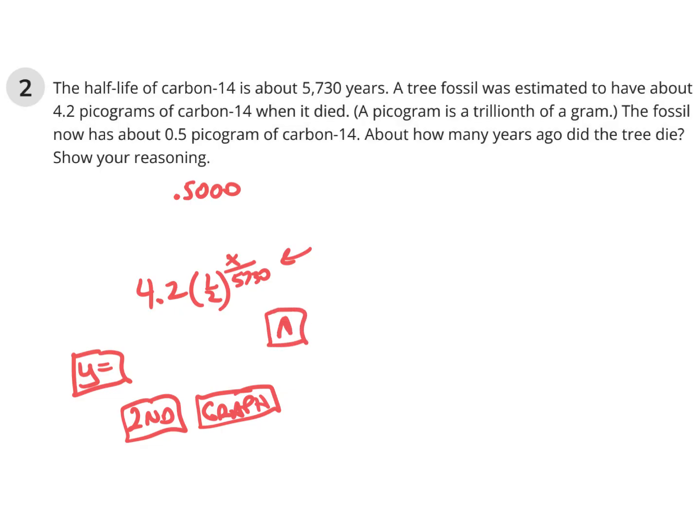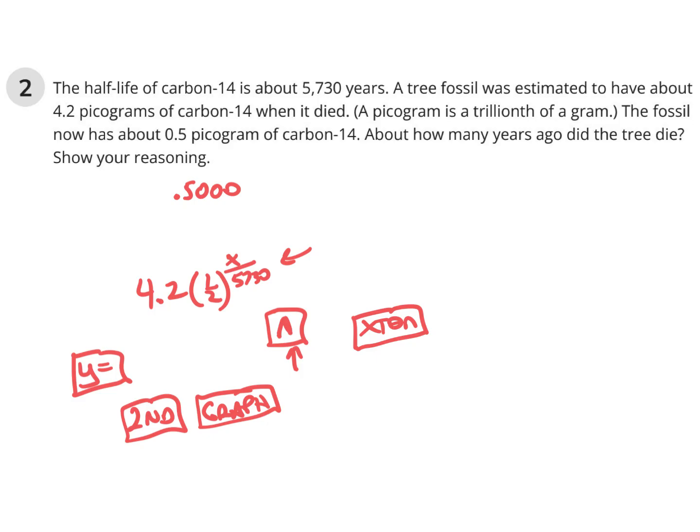So you're going to do 4.2, parenthesis, 1 divided by 2, close the parenthesis, hit the caret button, which is over the division symbol, then put in x theta, which is to the right of the green button, and then divide it by 5730, hit second graph, and look at the table of values.